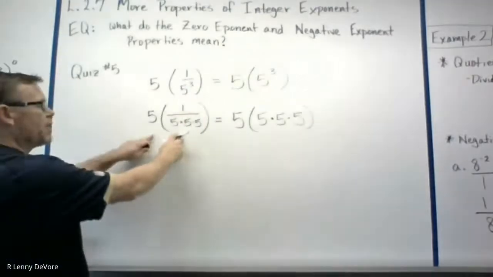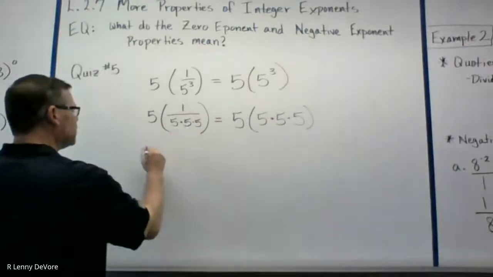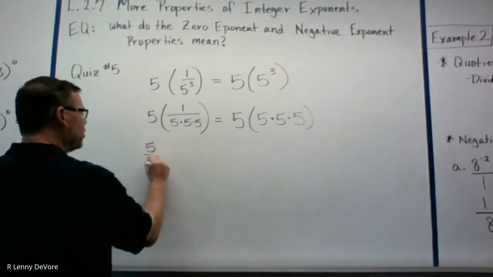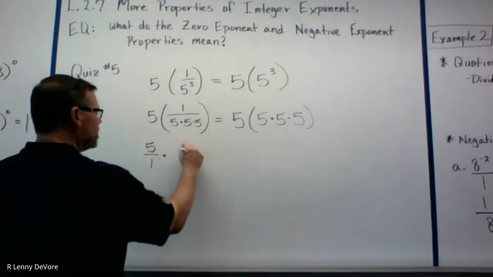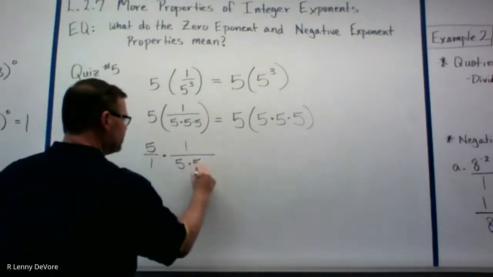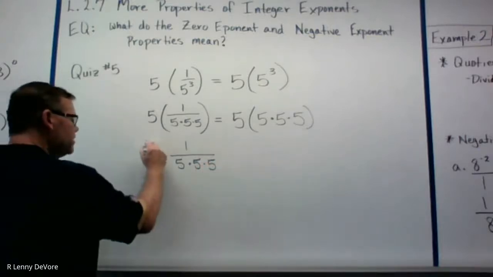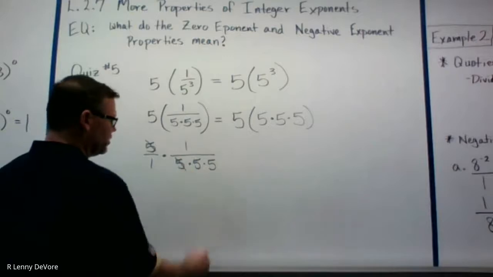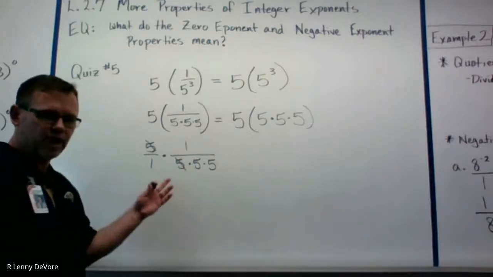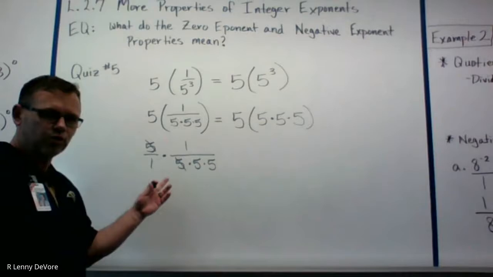Now, when I have a fraction over here, what I want to do is turn these both into fractions. In other words, it becomes 5 over 1 multiplied by 1 over 5 multiplied by 5 multiplied by 5. If we notice, this would cross cancel this. Remember the cross canceling? We have the multiplication sign in between so we can cross cancel.